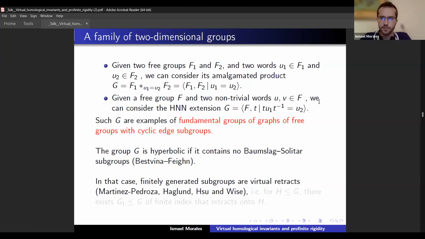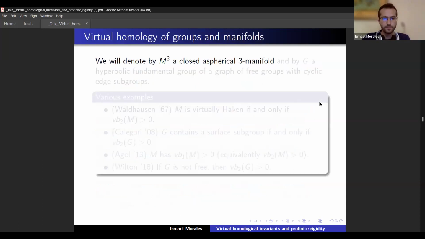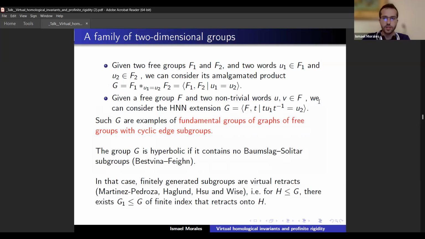And in such a case, we have very strong separability properties and very strong quasi-convexity properties on subgroups, namely that all finitely generated subgroups are virtual retracts. To be precise, if you take H finitely generated, then H is contained in a finite index subgroup G1 as a retract, so G1 retracts onto H. So these are the groups G we're going to care about, the groups for which we're going to answer some of the questions I was making before.